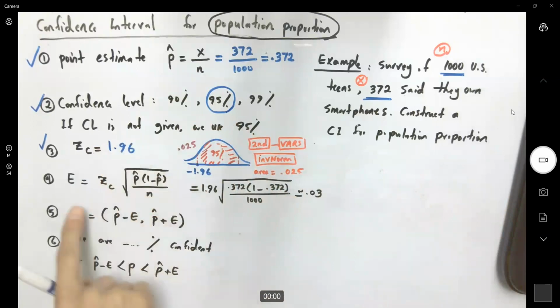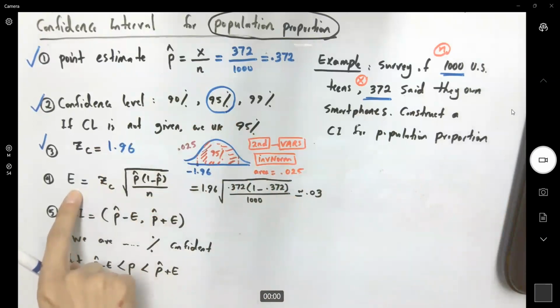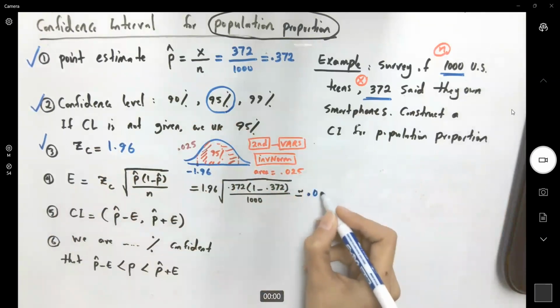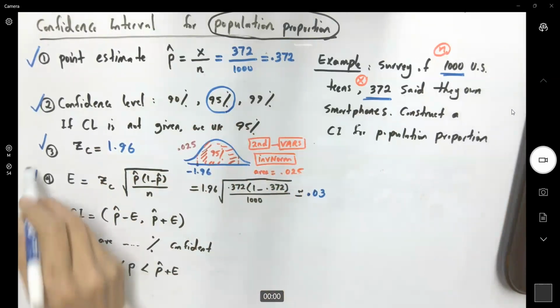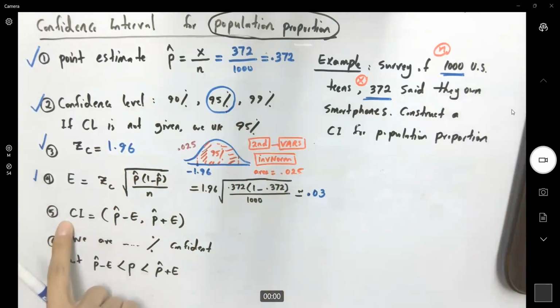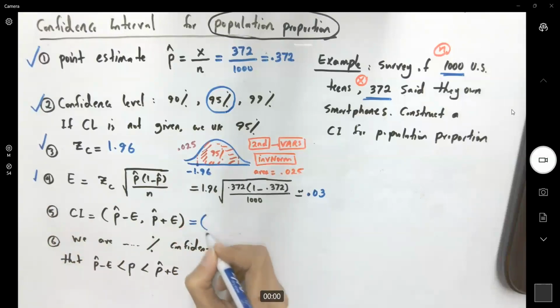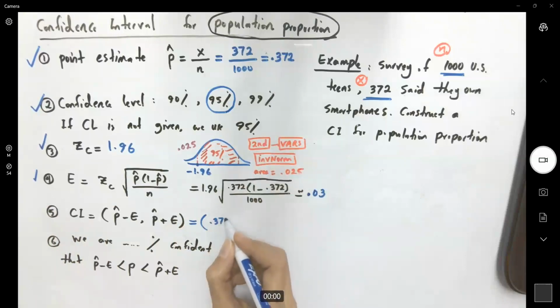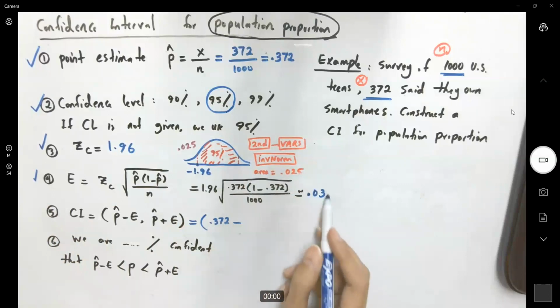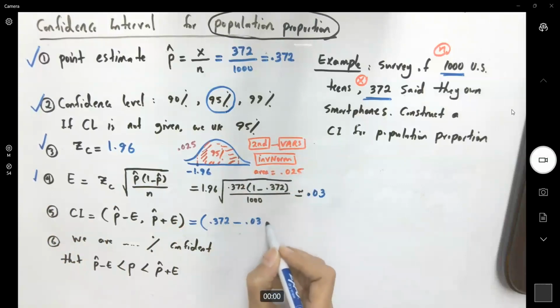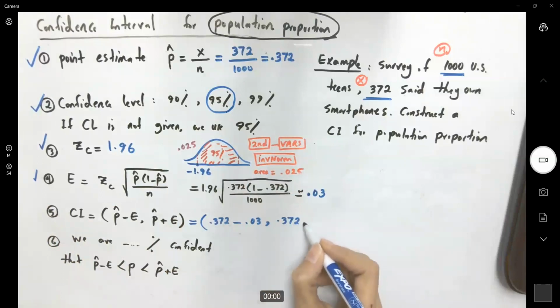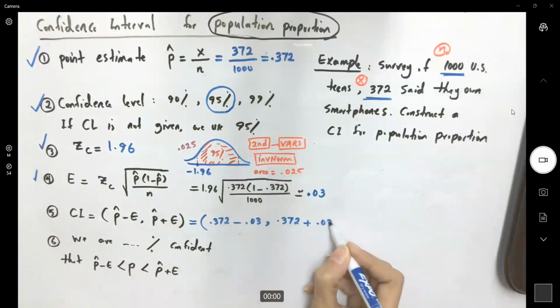And then I use the margin of error formula to calculate the margin of error, which is 0.03. And finally, I go to step 5 to calculate the confidence interval, which says we have P hat 0.372 minus the margin of error 0.03, comma, P hat 0.372 plus the margin of error.